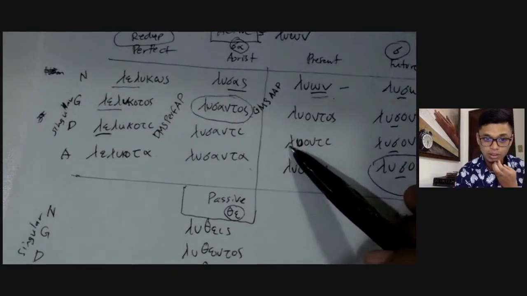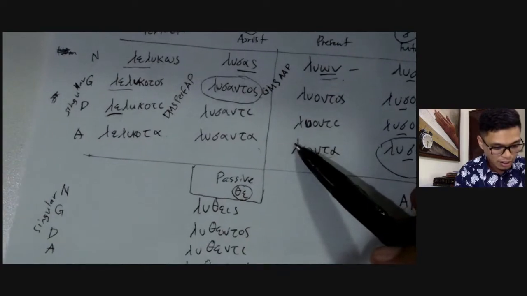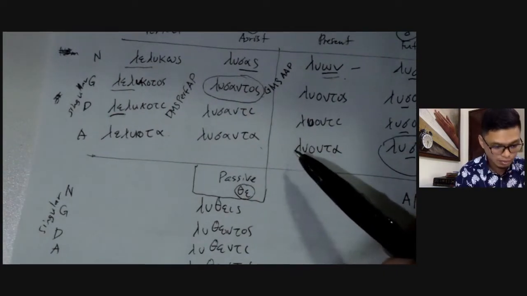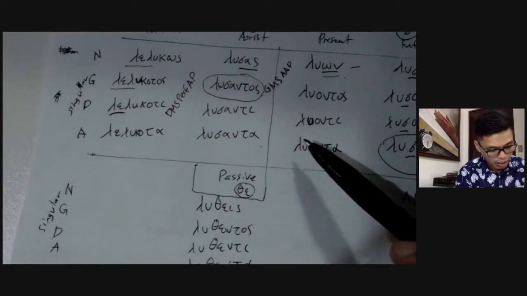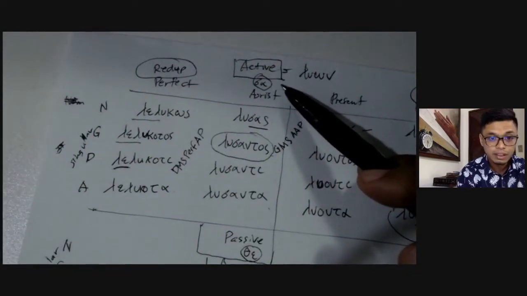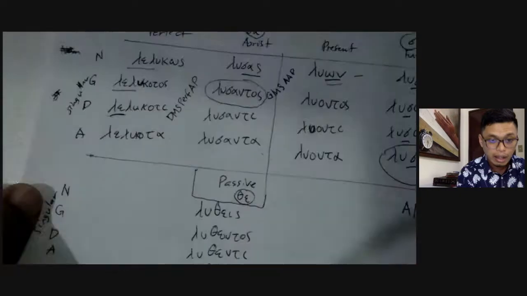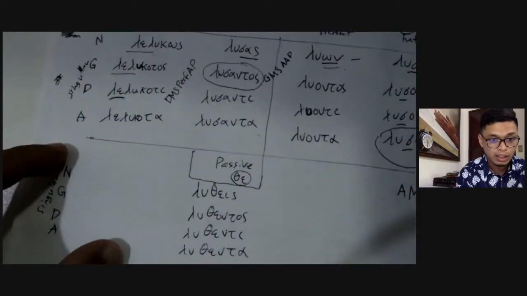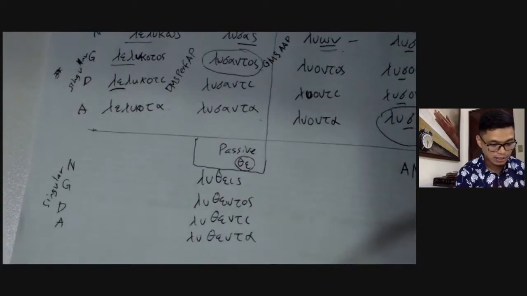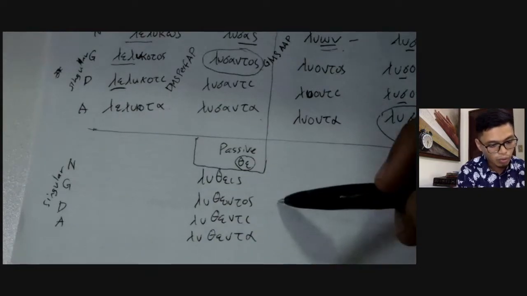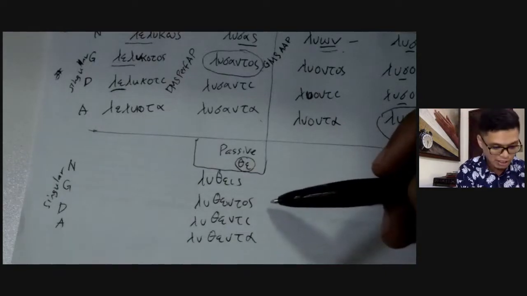There is one exception to the rule, and that is the aorist passive. So here you see at the top the aorist active, and here at the bottom you have the aorist passive. Now usually for the rest of the tenses, keep this in mind, they only have active and passive.